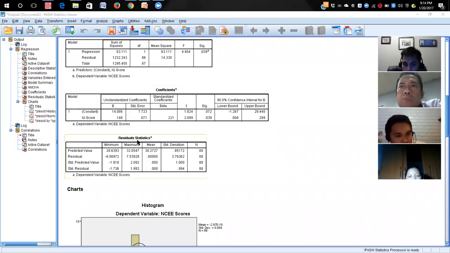So now we're going to look at the next output. This is the mean, and the most important output of regression are the coefficients.